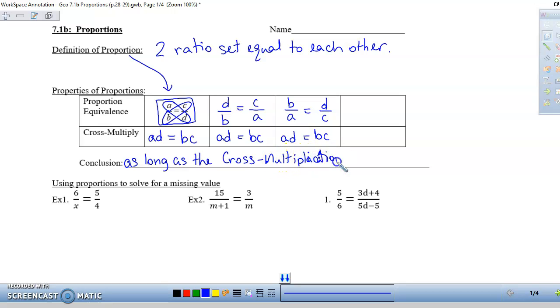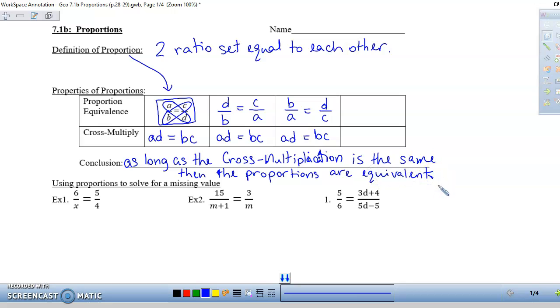Multiplication, sorry, is the same, then the proportions are equivalent.